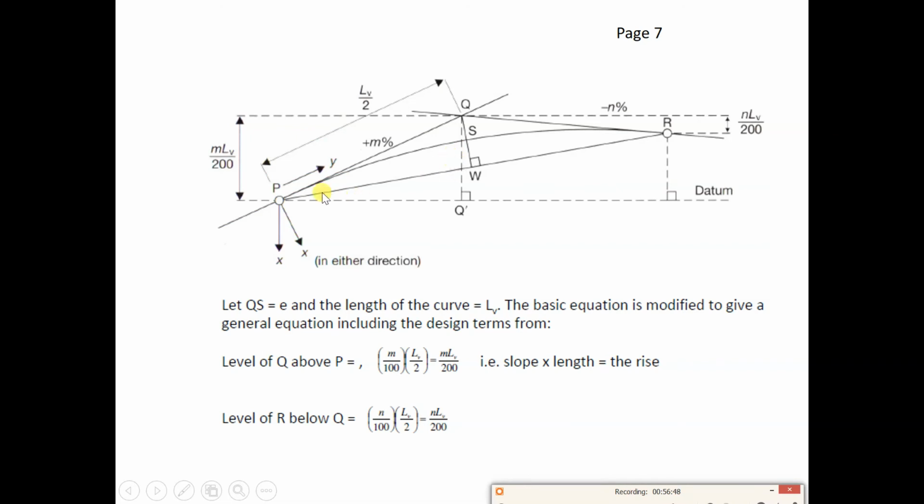The x will be 0 here, and then slowly increase to a maximum at this point, and then slowly decrease again to 0. So this is the x.